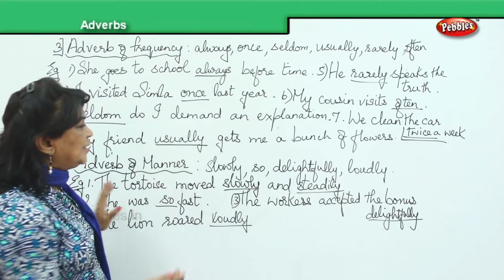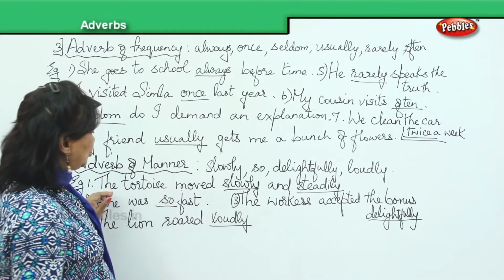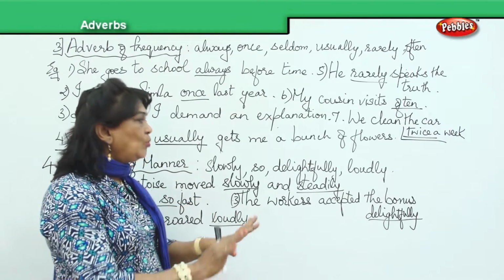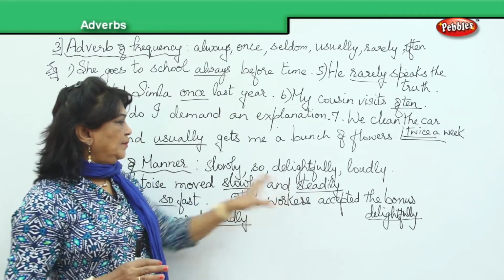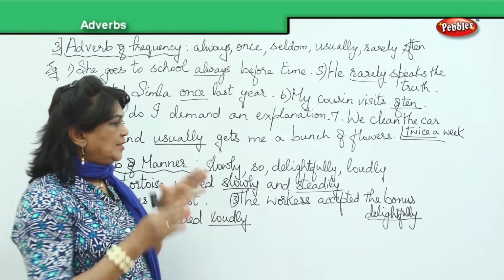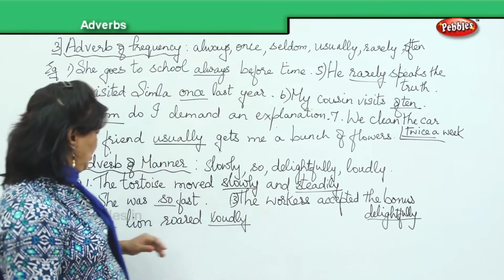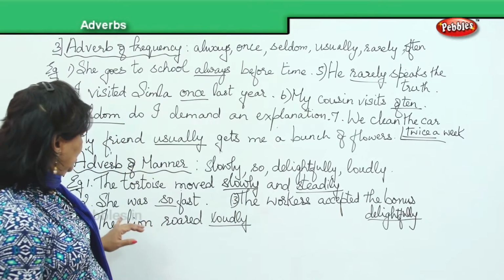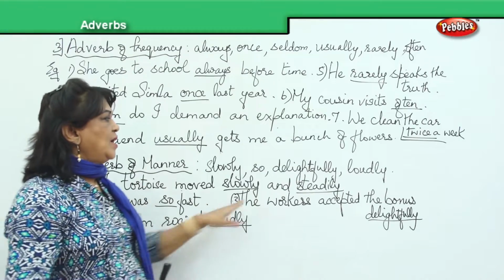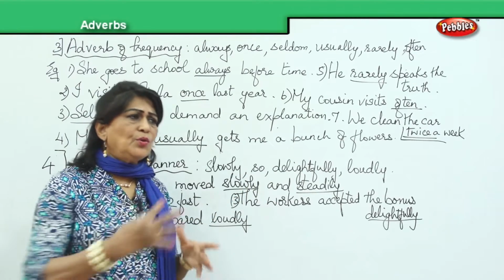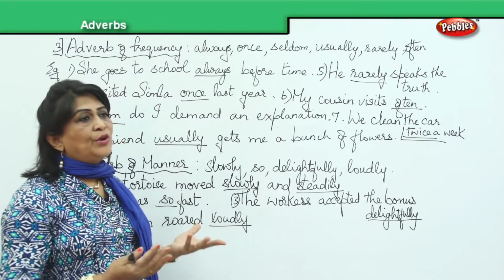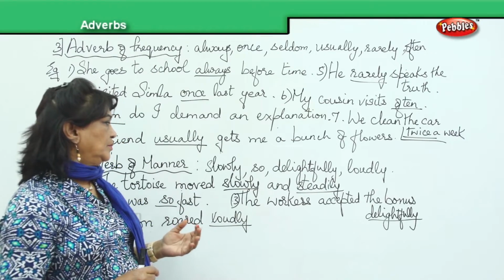And I'm giving you sentences as examples. The tortoise moved slowly and steadily. Slowly and steadily describes the manner in which the tortoise moved. Second one, she was so fast that I could not catch up with her.